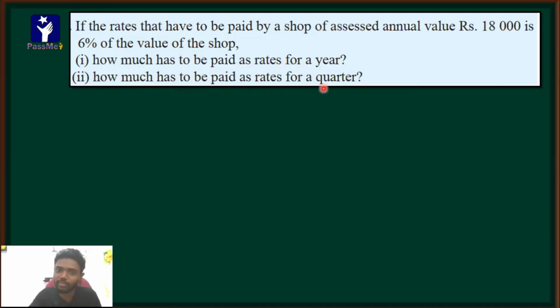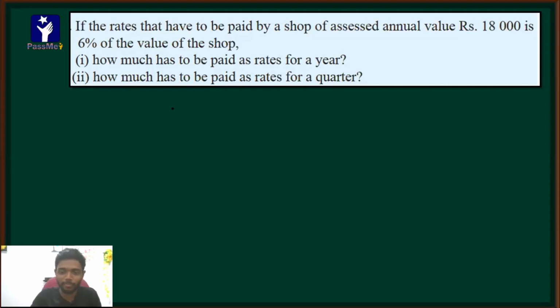The second question is for a quarter. If we know the answer for part 1, then we just need to divide by 4 to get the value for a quarter. So the first one is the question that you need to face. The second one is very easy. So you can try now.